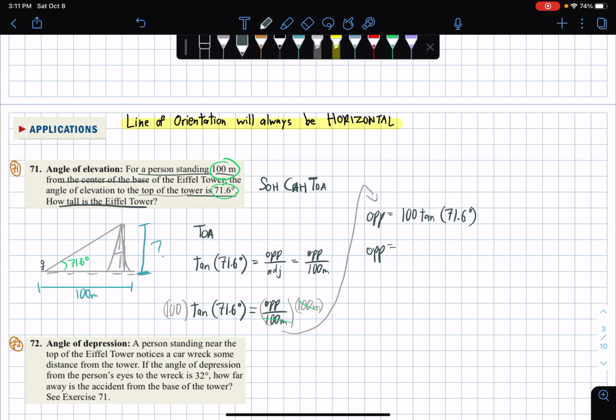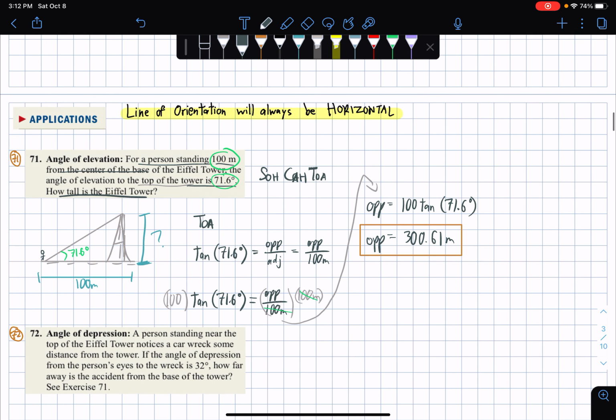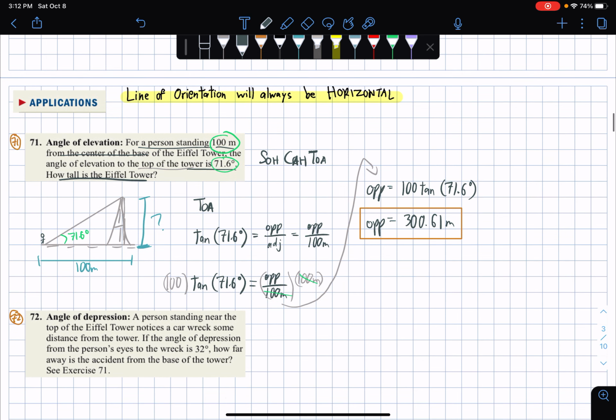What I got here is 300.61 meters. This is the height of the Eiffel Tower. I did some research and it appears that this answer is actually true. The height of the Eiffel Tower located in Paris is 300.6 meters, or basically 301 meters if you round it off to the nearest whole number.